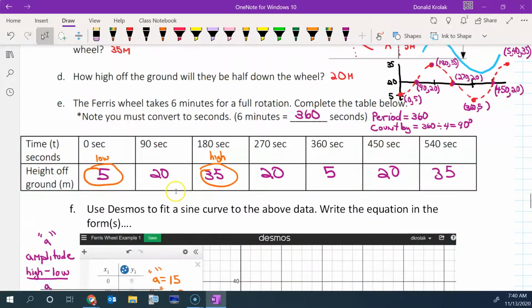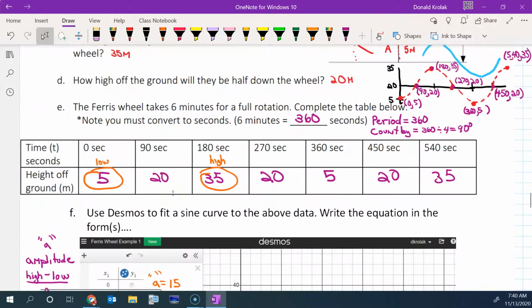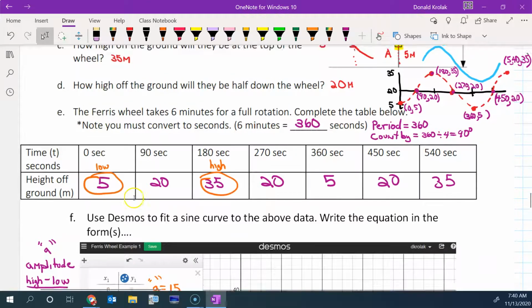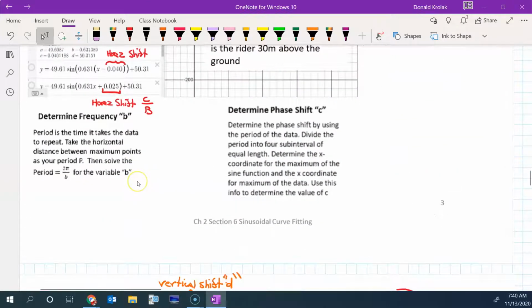A period is how long it takes until the data repeats. Well, I got 5, 20, 35, 20, 5. Or another way you can get it, if you look right here, the period is the time it takes the data to repeat.